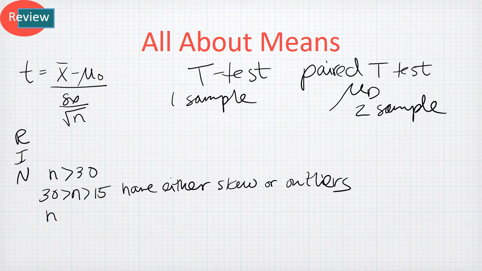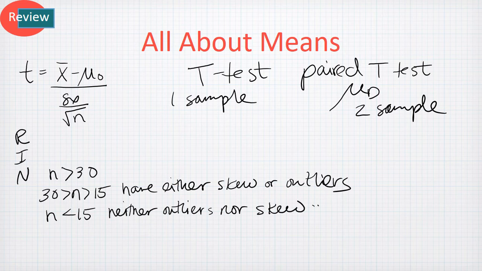And then if n is less than 30, you can have neither outliers nor strong skew. Sorry, it's tough life. That's the way it is. And then remember, on your TI-89, we're talking about a t-test. Okay, so that's about our unit.